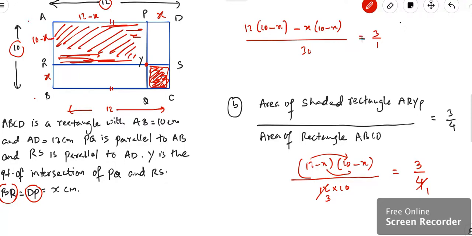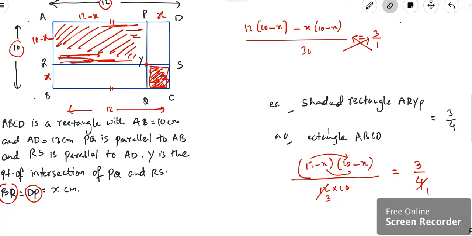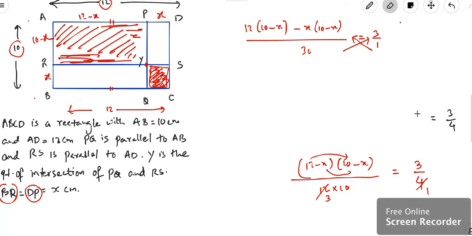Whenever we have algebraic fractions and an equality sign, we cross multiply, so that's what I'm going to do. On the left-hand side of my equation, I need to work out this expression. 12 times 10 is 120, and this is 12x minus 10x, and negative times negative makes a positive, which will give you 90.